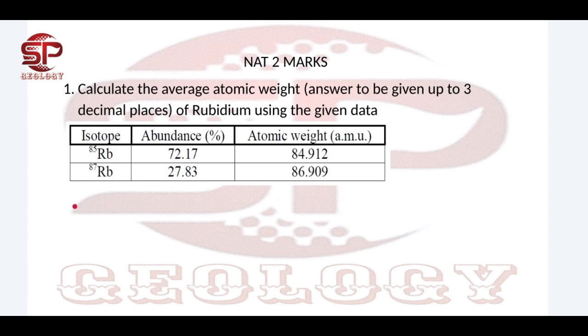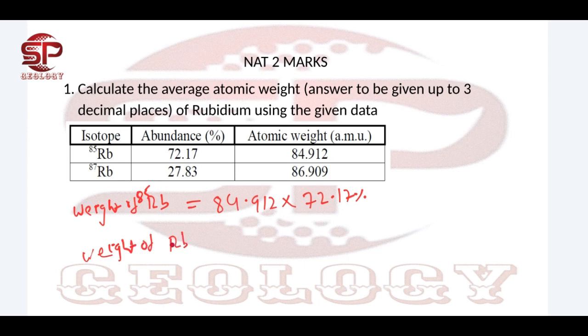So the weight of rubidium 85 will be 84.912 into 72.17%, and the weight of rubidium 87 will be 86.909 into 27.83%.